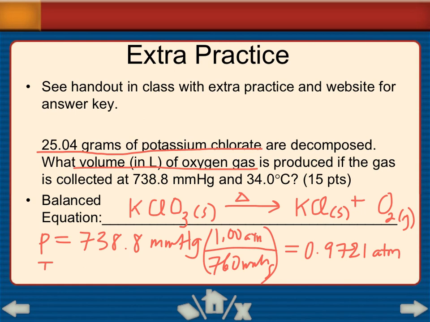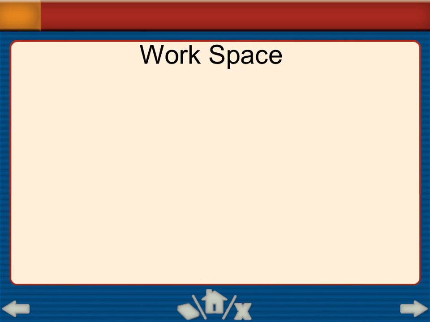The temperature is given at 34.0 degrees C, must be in Kelvin, so add 273, and that gives a temperature of 307 Kelvin. Okay, so we've got some of our variables converted into the proper units, and we'll continue on the next page.